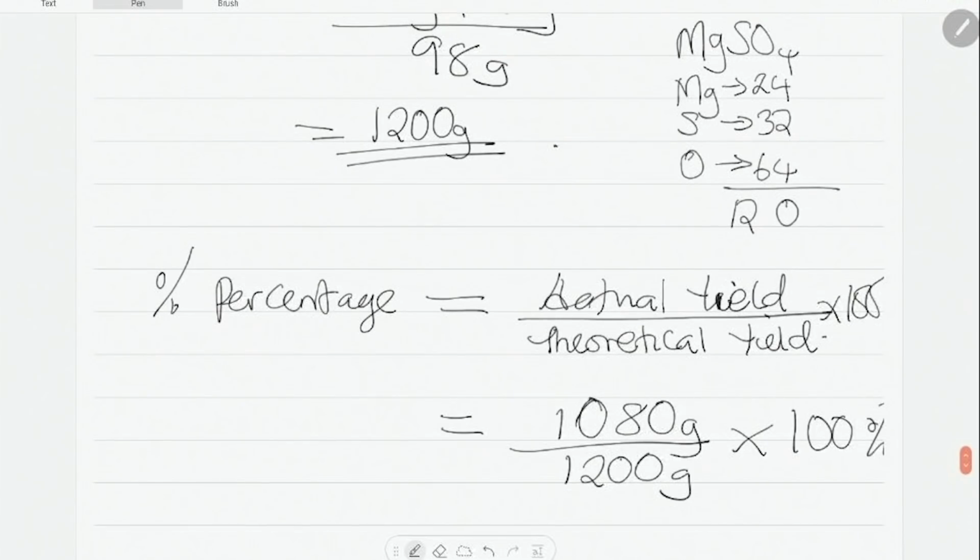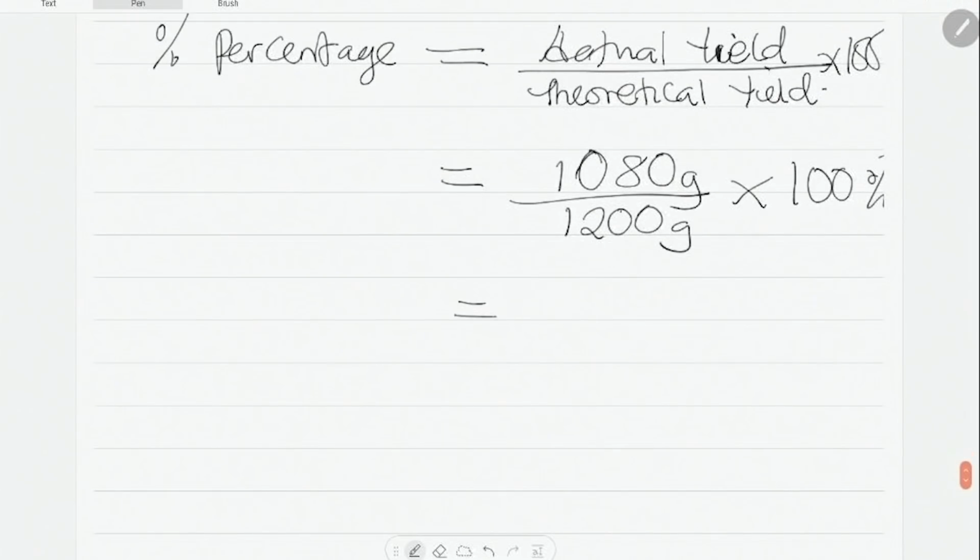So when you divide 1,080 by 1,200, this will give us 0.9 multiplied by 100%. This will give us 90%. So our percentage yield was 90%.